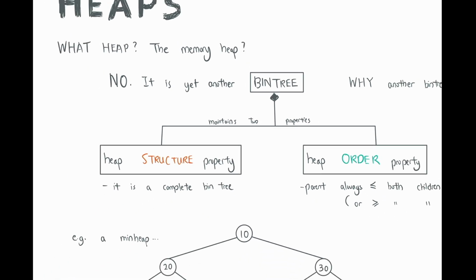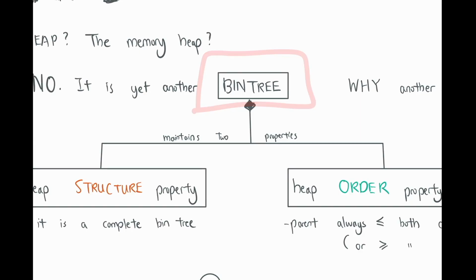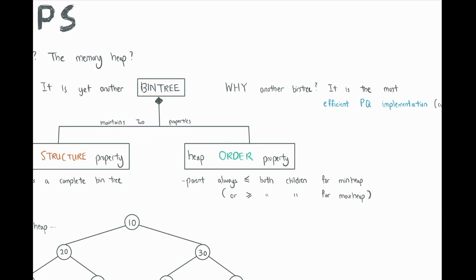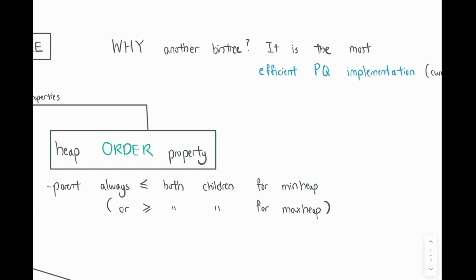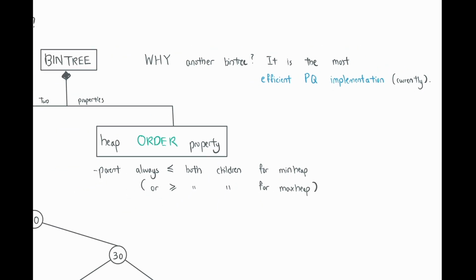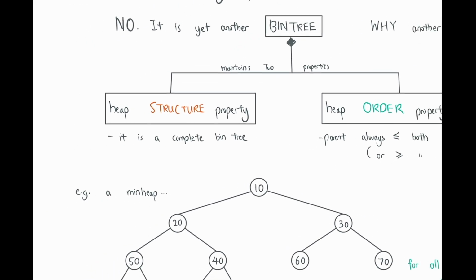The heap that we are using here is referring to yet another kind of binary tree. Why another specialization of binary tree? As we have mentioned, it is well known to be the most efficient way to implement the concept of a priority queue, which serves Dijkstra's algorithm. A priority queue serves many other different things, but in our context of discussing graphs, it serves Dijkstra's algorithm.